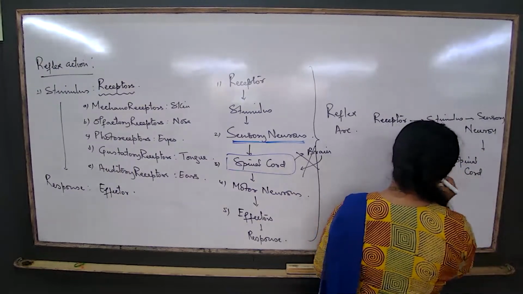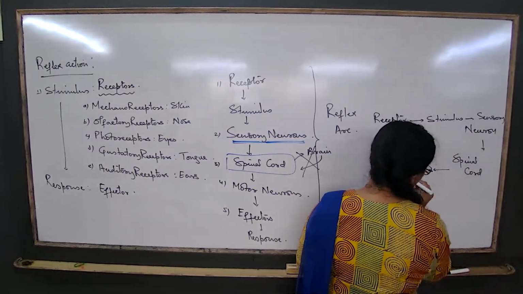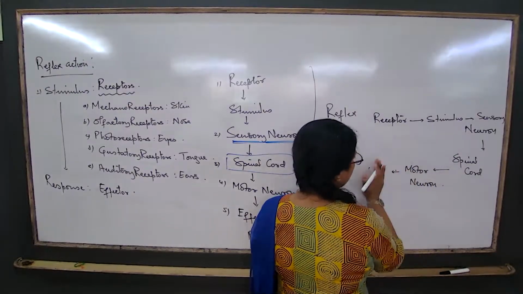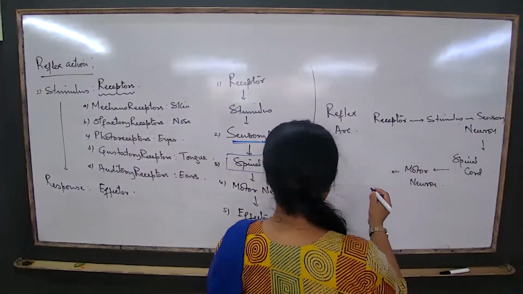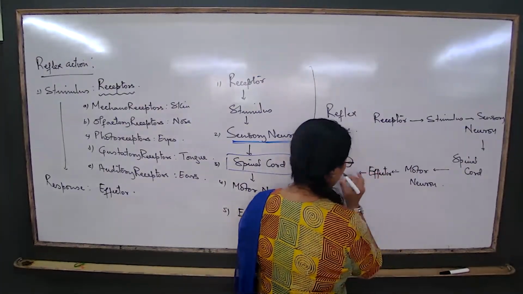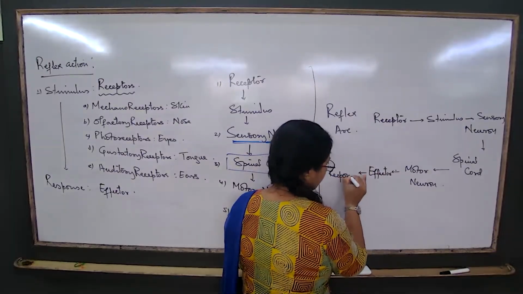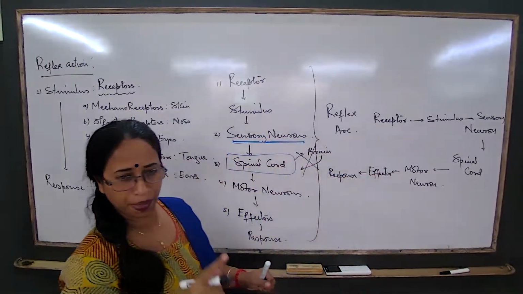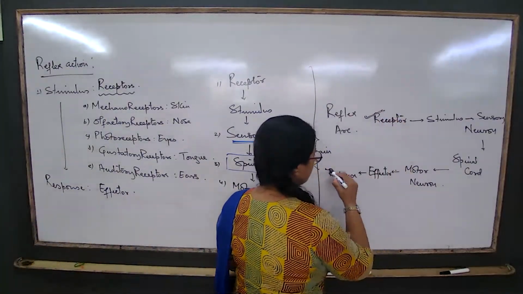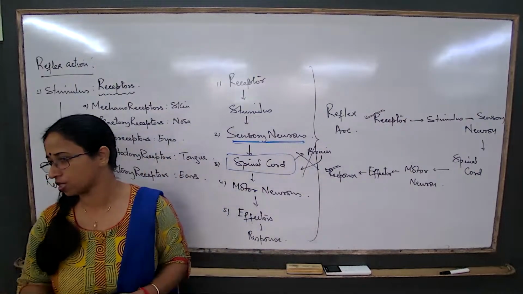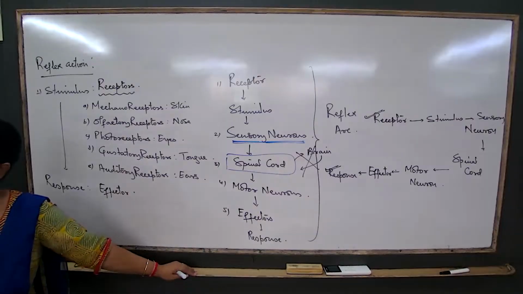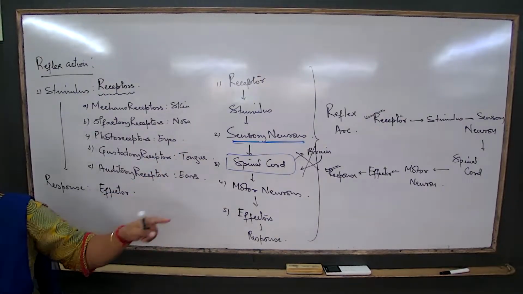From the spinal cord comes the motor neuron, and the motor neuron will give rise to the effector, and the effector will show the response. So this entire pathway has to be written in this way. So we start from the receptor, end up with the response. So this is the entire concept of reflex arc. For 2 marks, when you get this question, write down the definition and show this in this particular form.